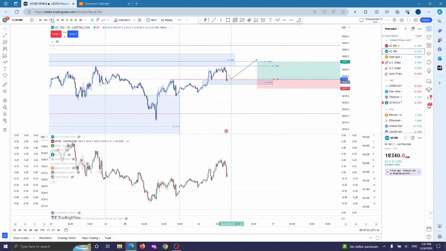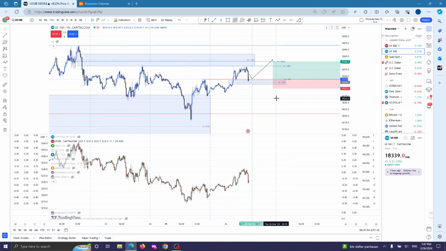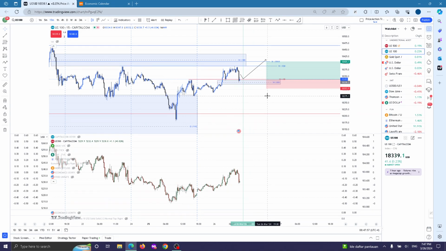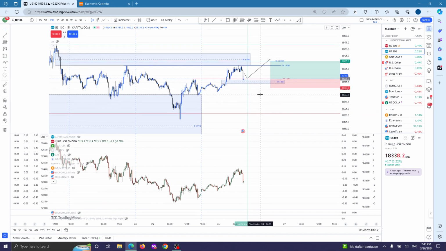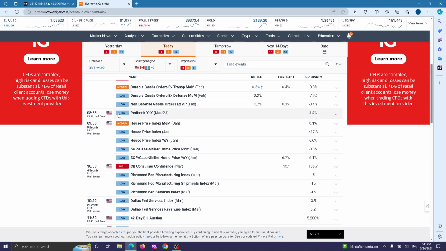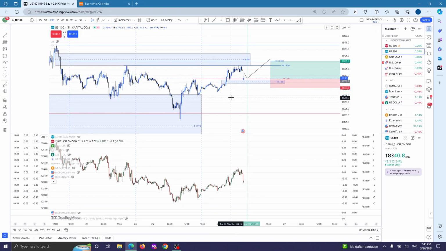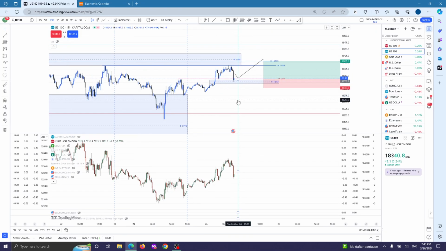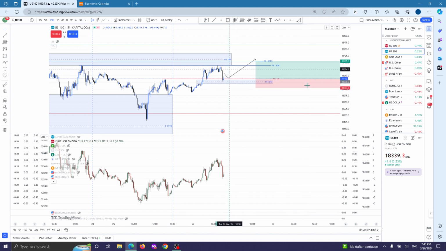No SMT as well. 8:55, red book. 10 will be another news. For events, I'll play the 10 o'clock.